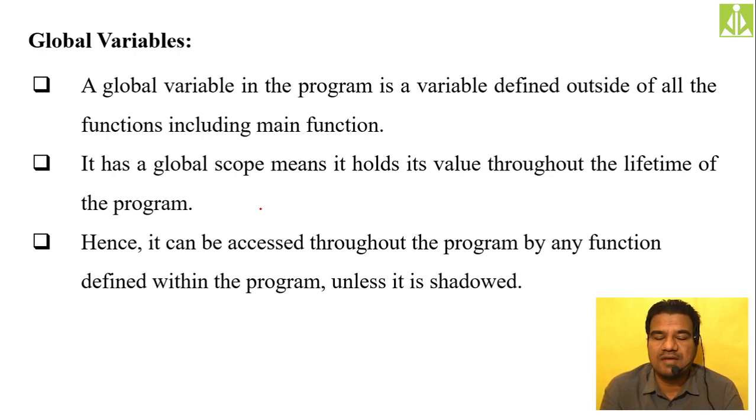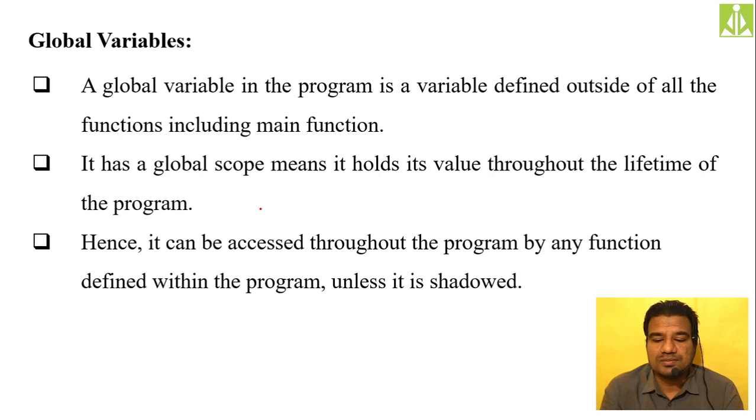As long as your complete program is under execution, your global variables will exist. They will not die. Once the program stops its execution, the global variables will die. Hopefully you understood. Simple thing: local variables are limited to a block, global variables have no limitation throughout the program.